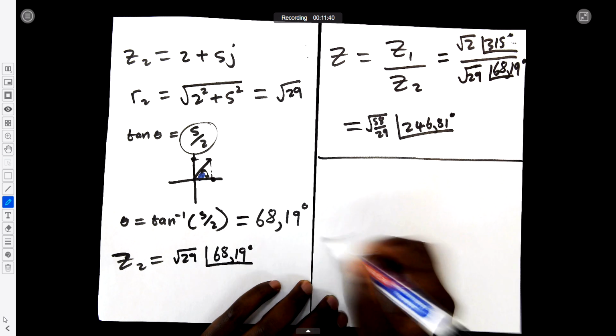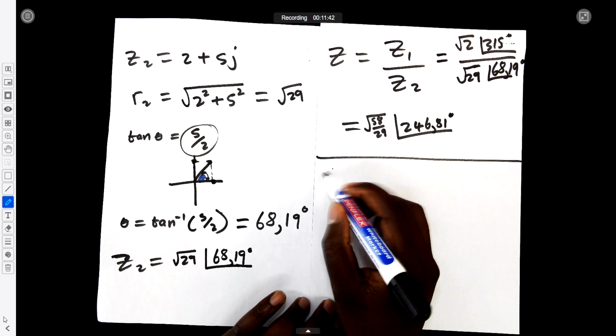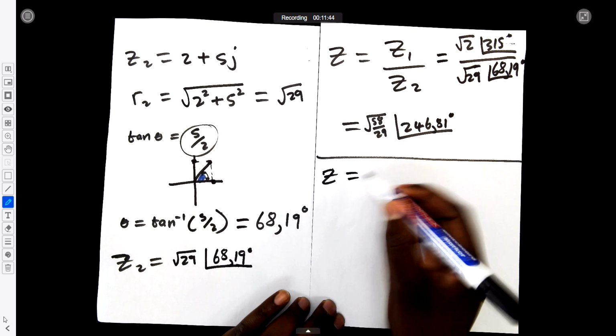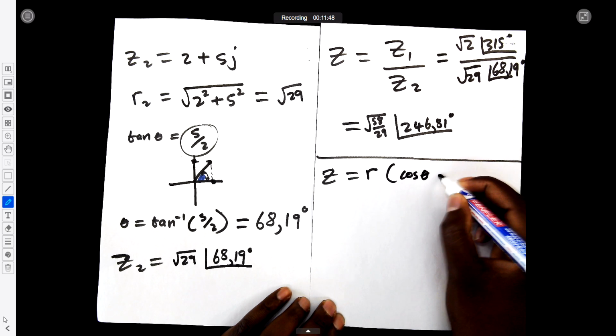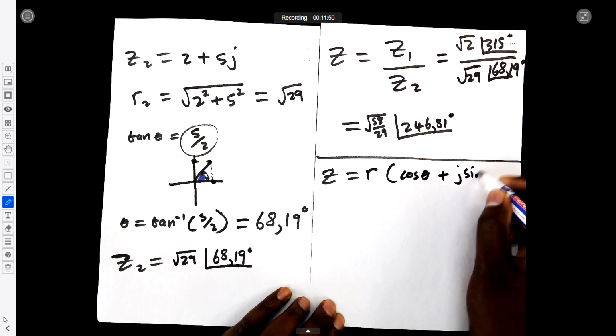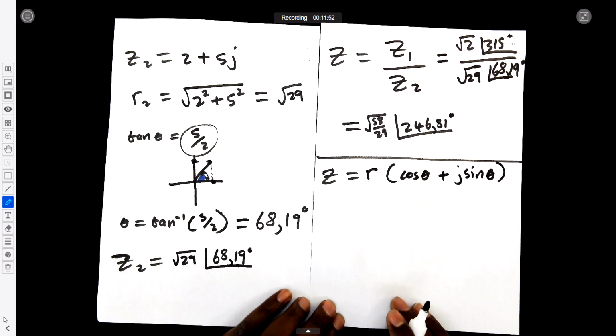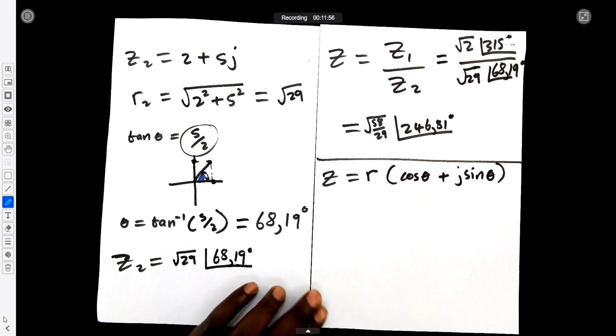We are going to use this formula: a complex number expressed in polar form, R into cosine theta plus j sine theta. This will help us to convert to rectangular form, though it is in polar form.